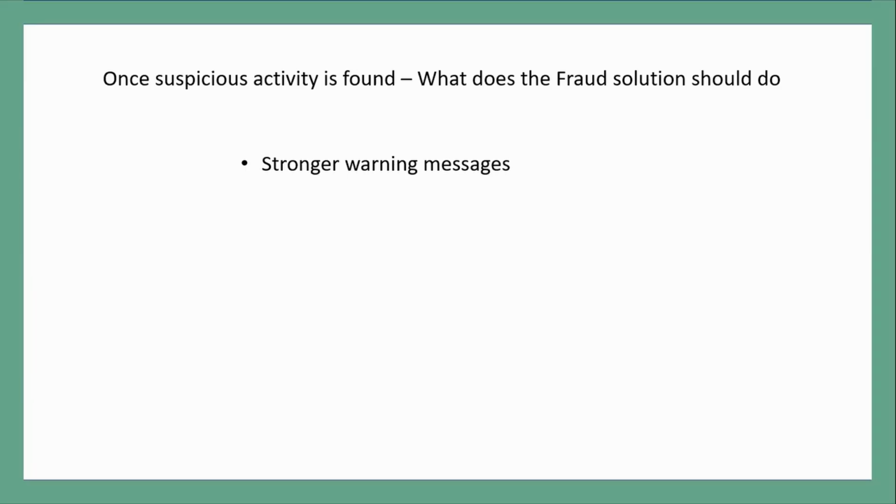You throw a pop-up. If the pop-up is ignored, the second possibility is step-up authentication. The bank can require that you verify through OTP, and also through your debit card numbers.